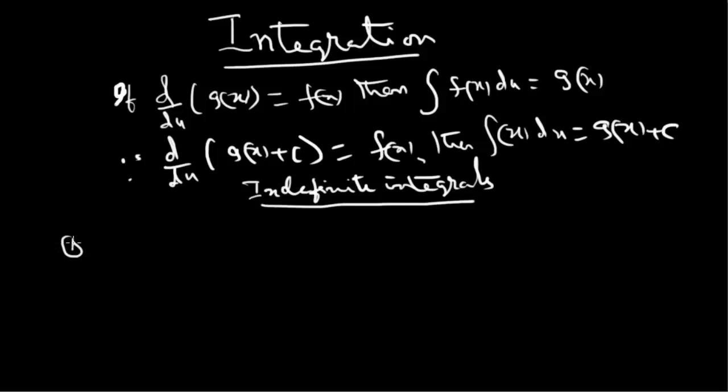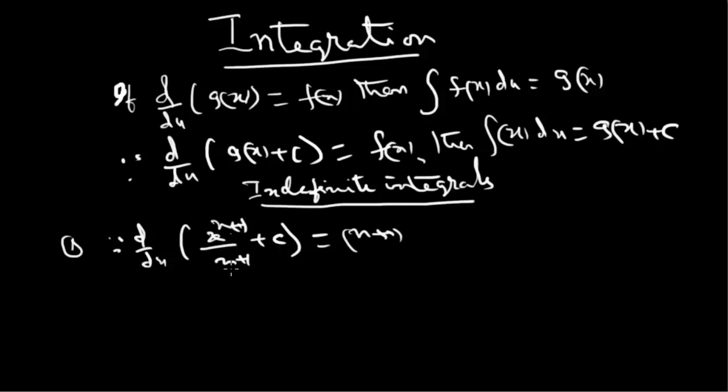First formula: since d by dx of x power n plus 1 by n plus 1, plus c, is equal to n plus 1 already there in the denominator, and in the numerator x power n plus 1 by the formula, n plus 1 into x power n plus 1 minus 1, and the denominator is already there, that is n plus 1, plus 0. This n plus 1 cancels, this 1 and minus 1 also cancel, this is equal to x power n.